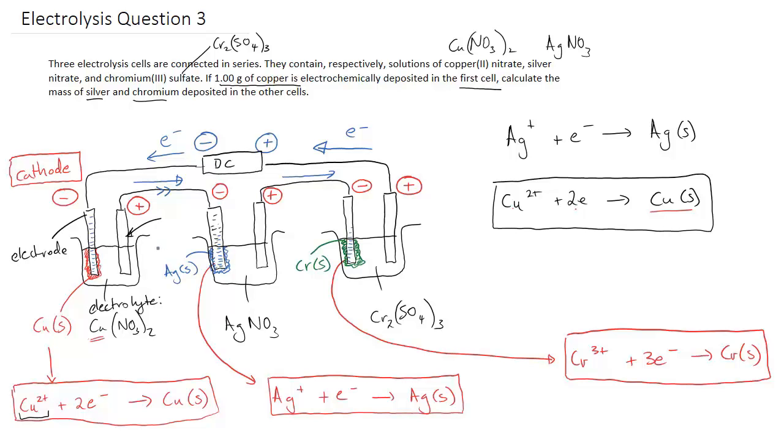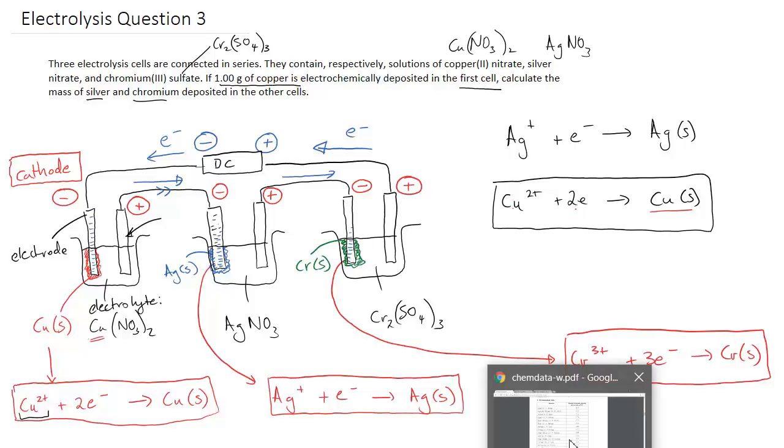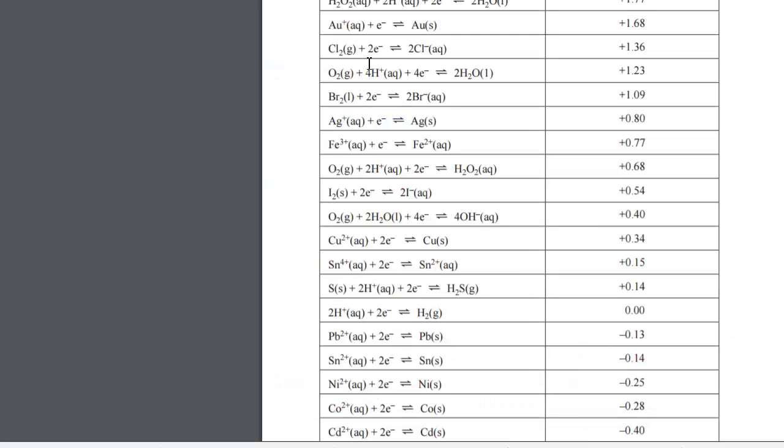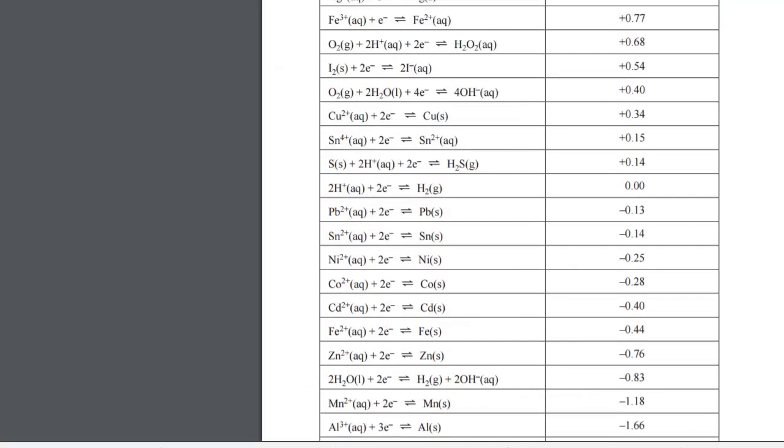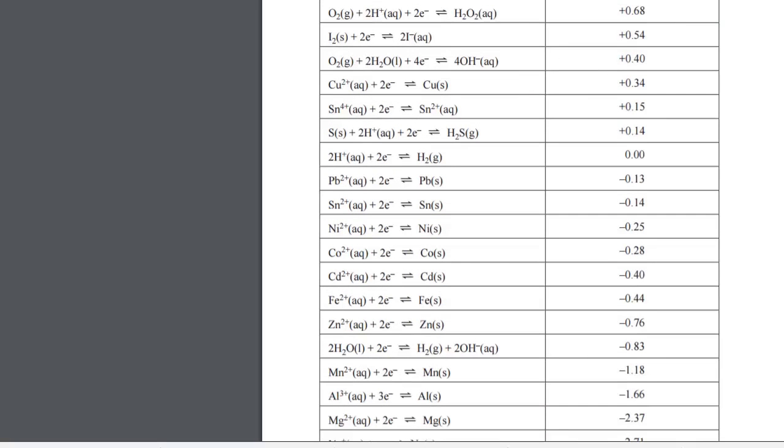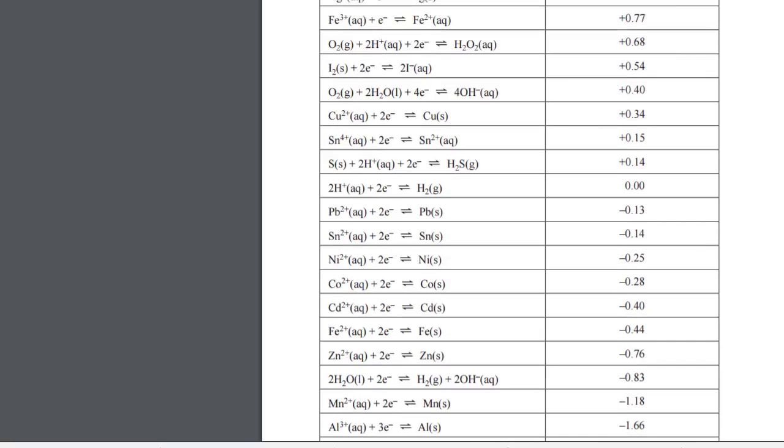That's where they came from. And so if we check on our electrochemical series what's going to be losing electrons, we have to go all the way down to the water equation.